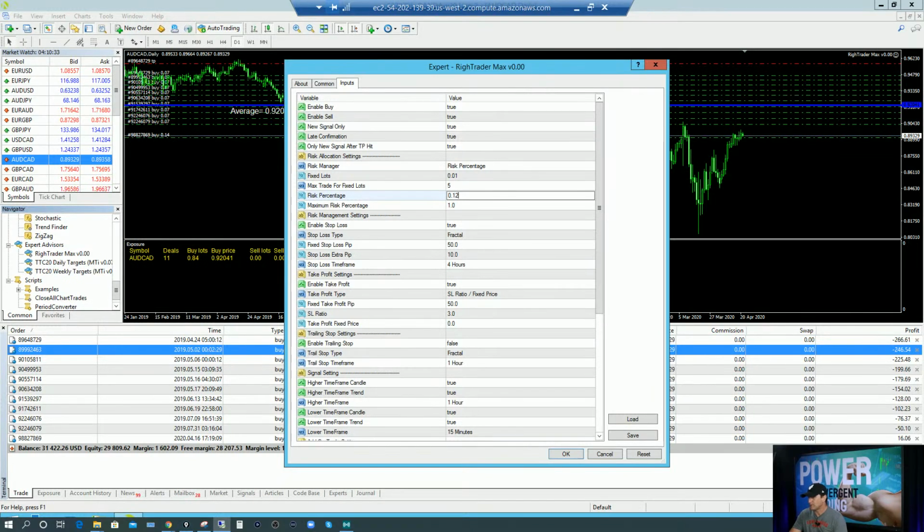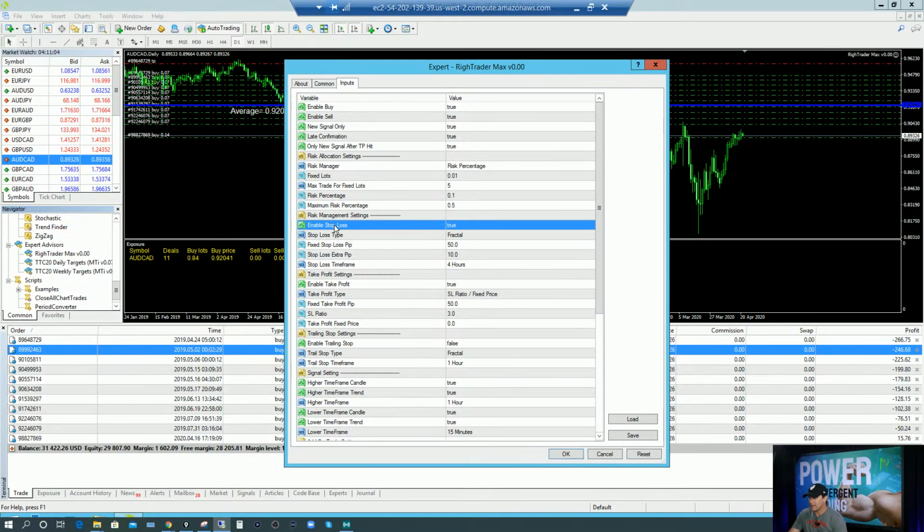I'm going to go with 0.1%. I'm going to go with a maximum risk of, let's say, 0.5%. So 0.5%. So let's do this thing. 0.1% means I'm going to put in about 5 trades with a maximum risk of 0.5.